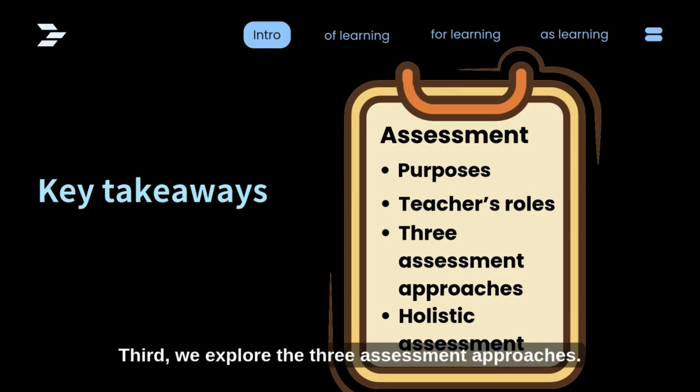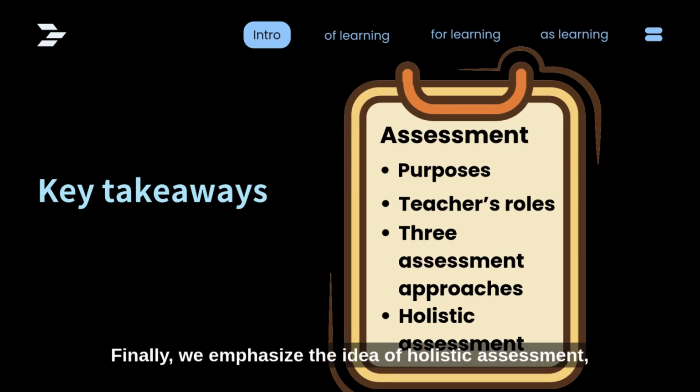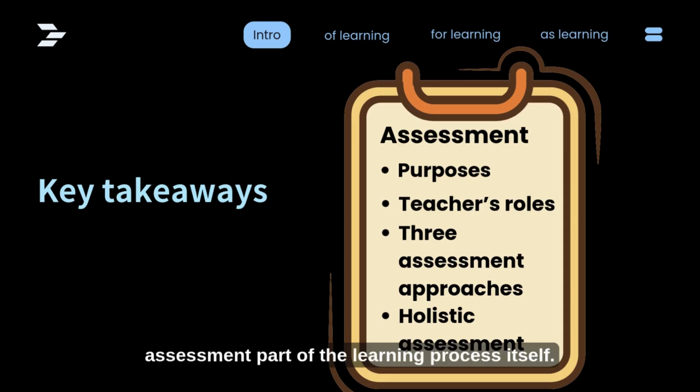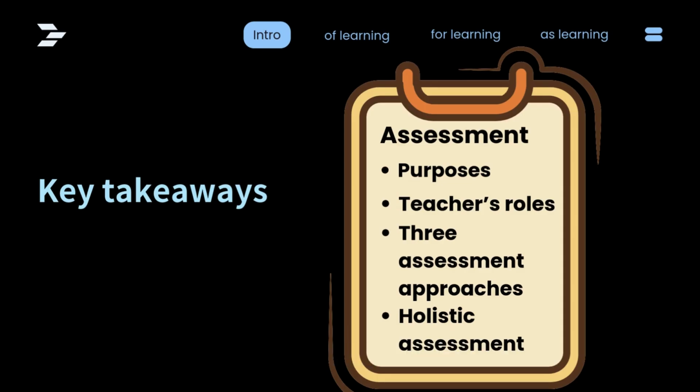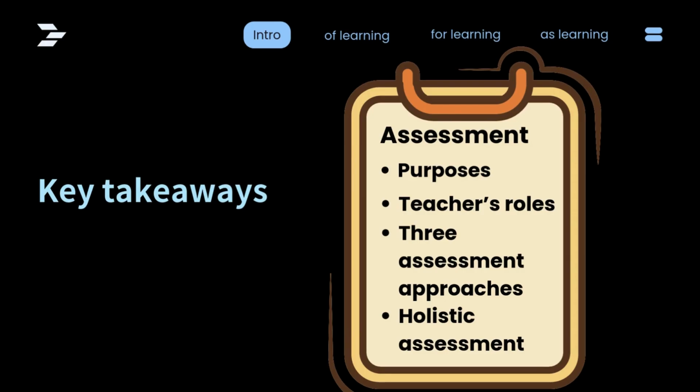Third, we explore the three assessment approaches: assessment of learning, for learning, as learning. Finally, we emphasize the idea of holistic assessment, where teacher and learner work together to make assessment part of the learning process itself.